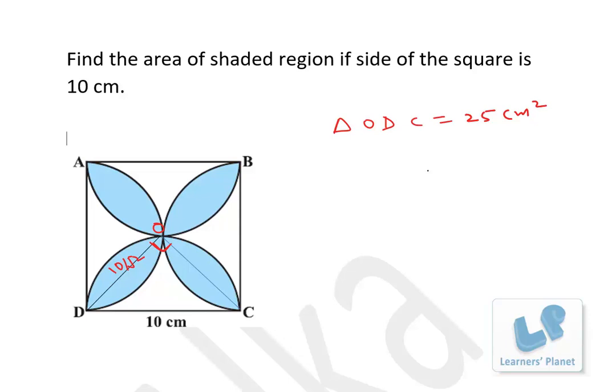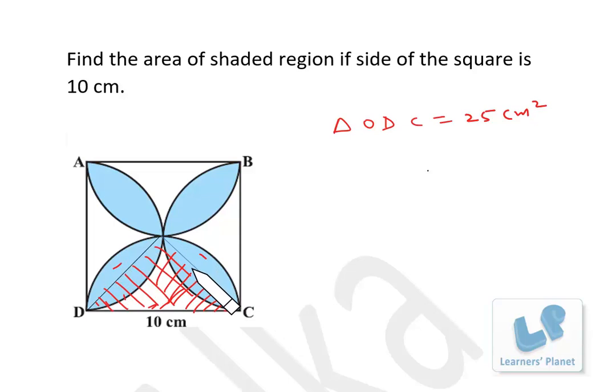Now next, since we have to find the area of this leaf portion, right? So what I do is, from this semicircle, if I delete this triangle, I'll be getting the area of this half of the leaf, right?